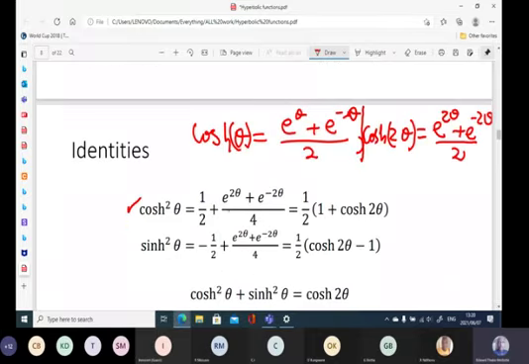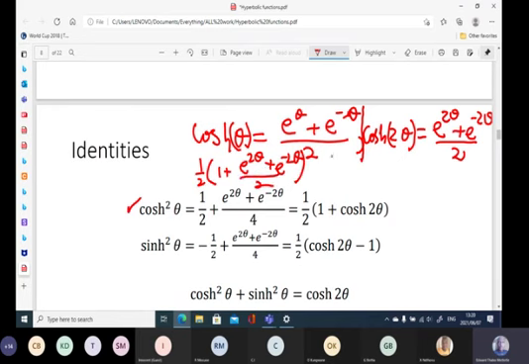So you are going to write it in this form. Okay, you can clearly see that here you can take out half as a common factor. So we end up with 1 over 2, 1 plus e to the power 2 theta plus e to the power minus 2 theta all over 2.